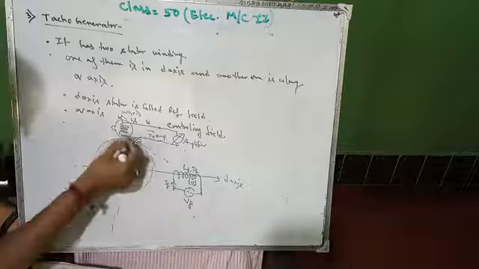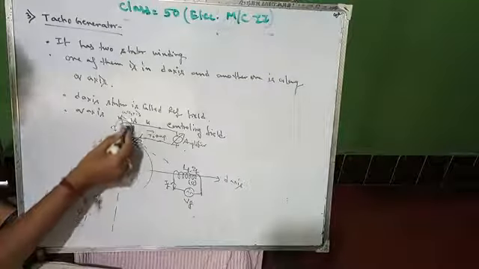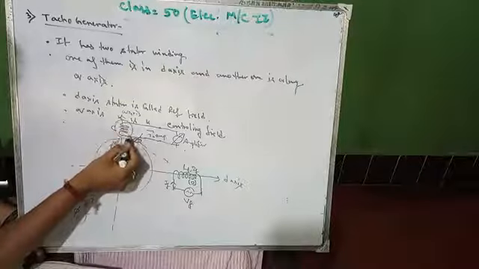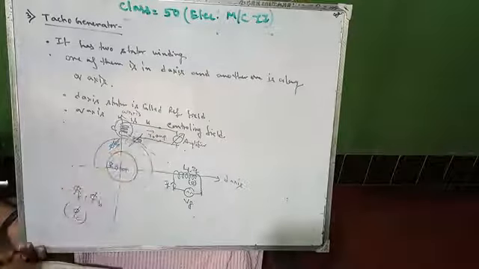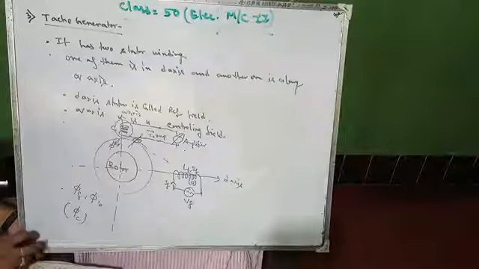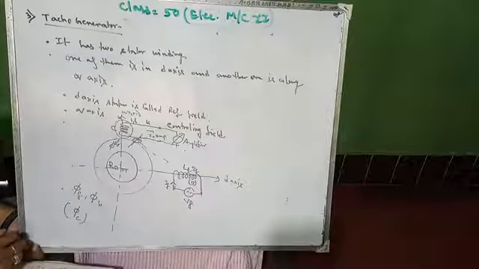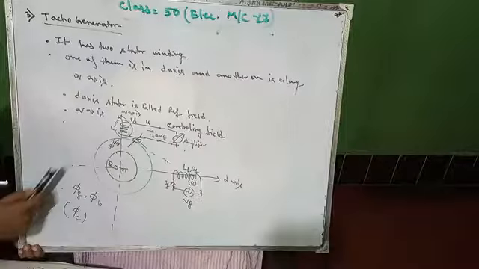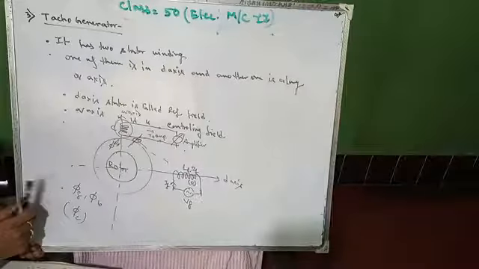Whatever flux is cut over this coil, the EMF induced across this coil is fed to the amplifier, which will amplify the EMF induced at the C winding.